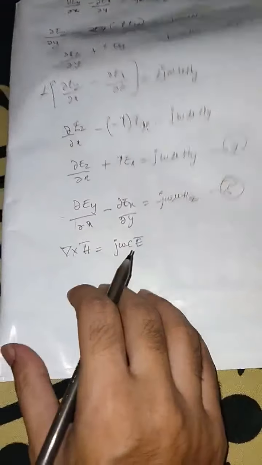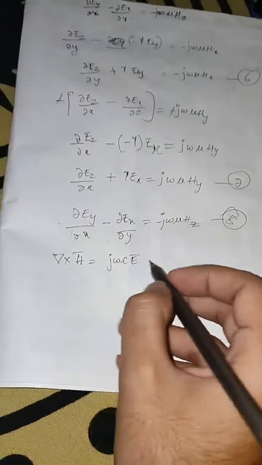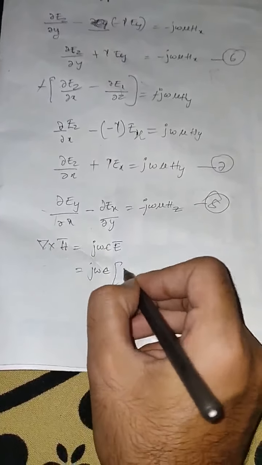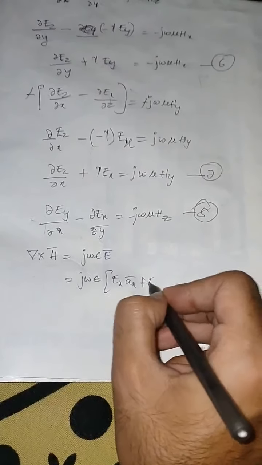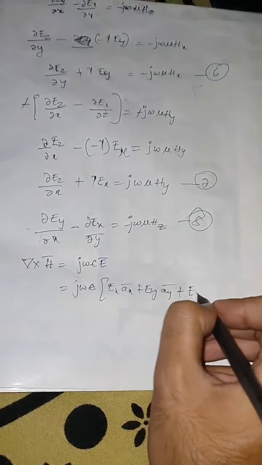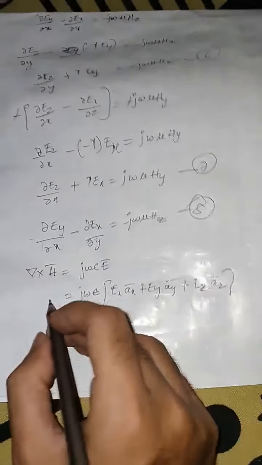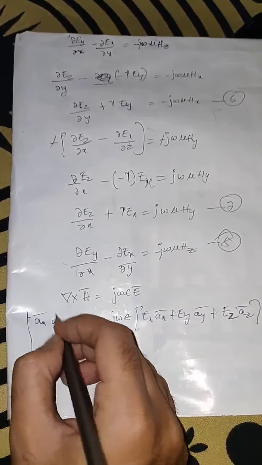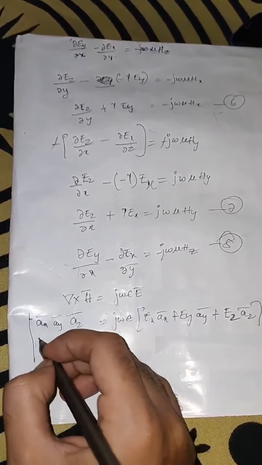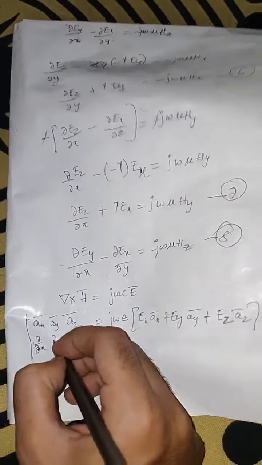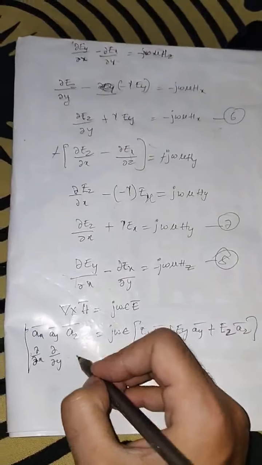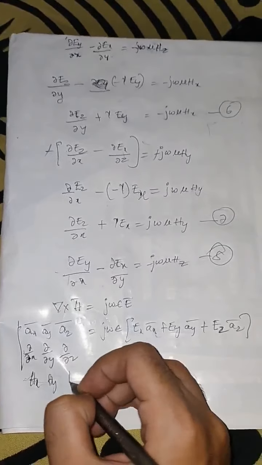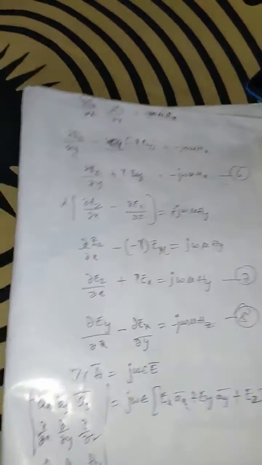Okay, this equation is in the Cartesian form, so you can represent j omega epsilon (Ex ax plus Ey ay plus Ez az). Now we take the curl of H bar, which is nothing but the determinant of ax, ay, az; ∂/∂x, ∂/∂y, ∂/∂z; Hx, Hy, Hz.